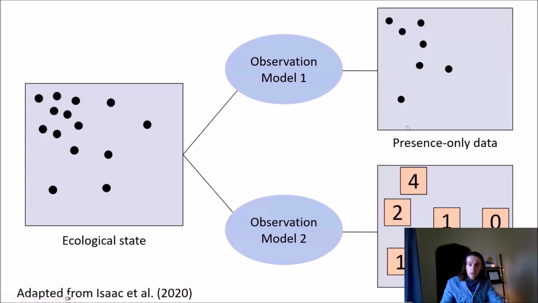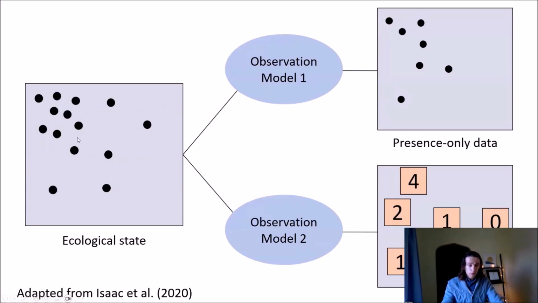Well, the way that you get these to work together is you assume that they are derived from, or descended from, a shared or common ecological state. Here I'm showing you some landscape where we've got the true locations of individual organisms.